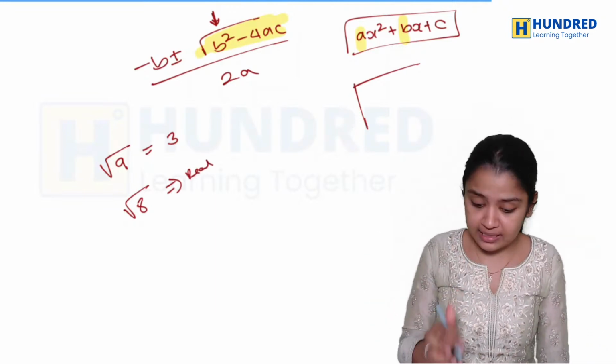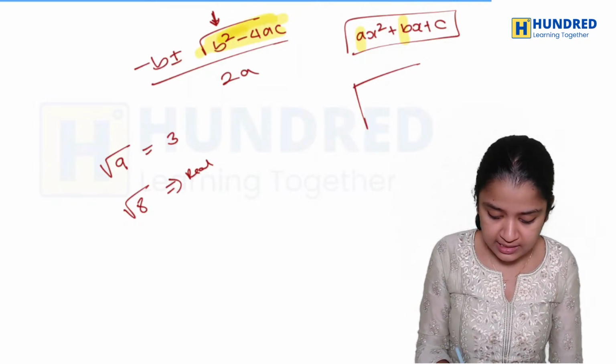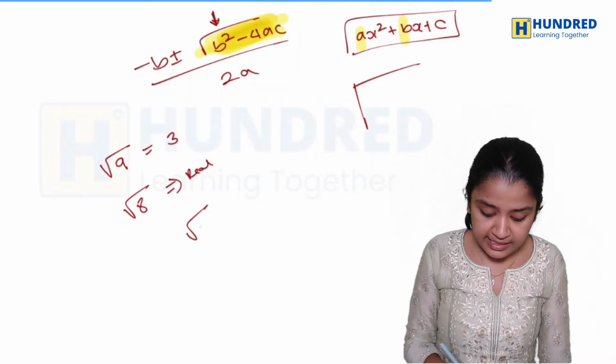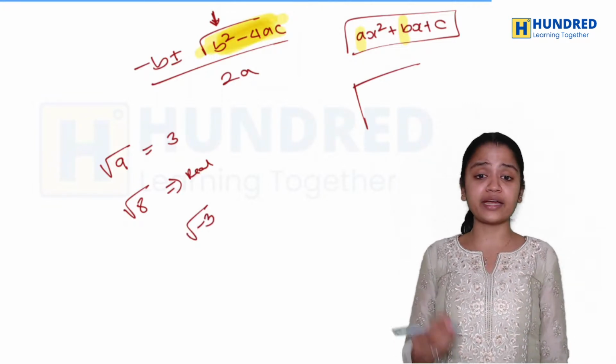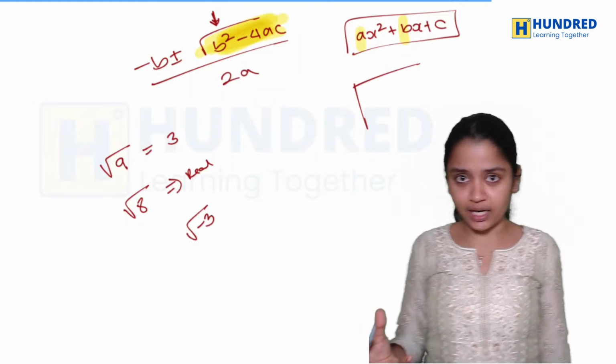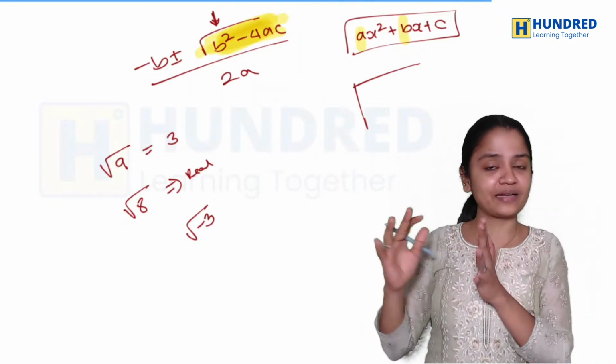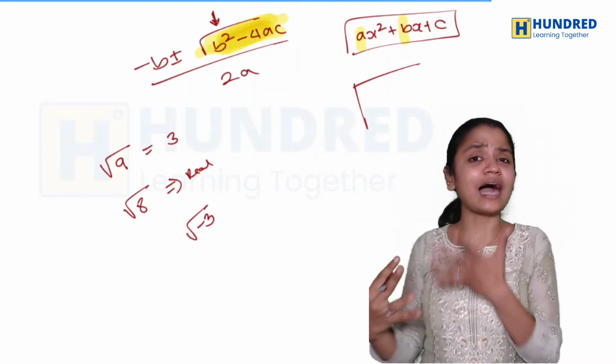But for example, here, if you get something negative, like root of minus 3, when you studied in 10th standard, they would have told you that's wrong, that can't happen, right?